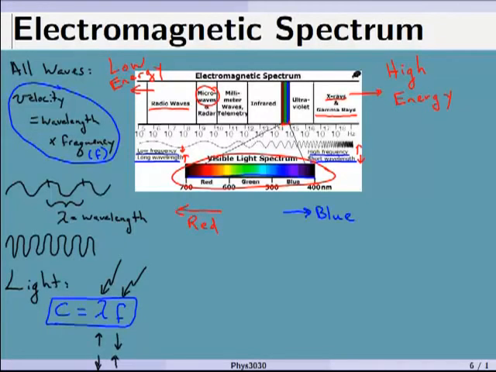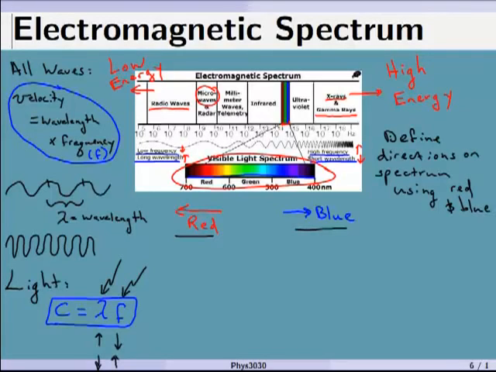We define directions on the spectrum using these directions that I just pointed to, using red and blue.